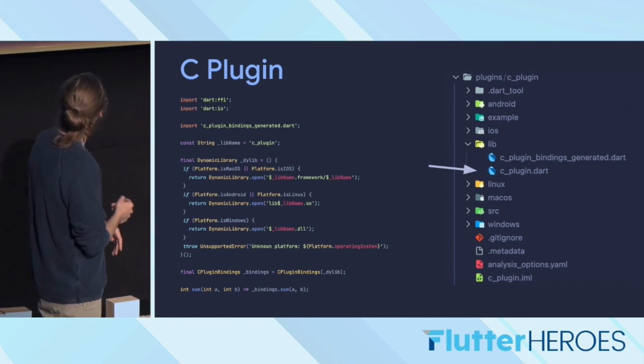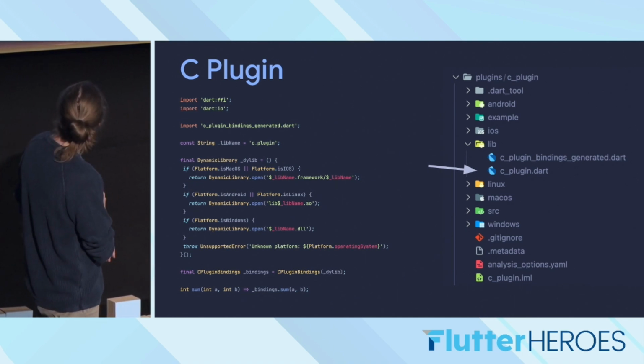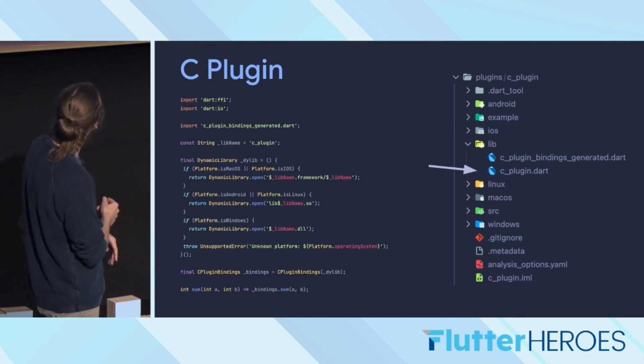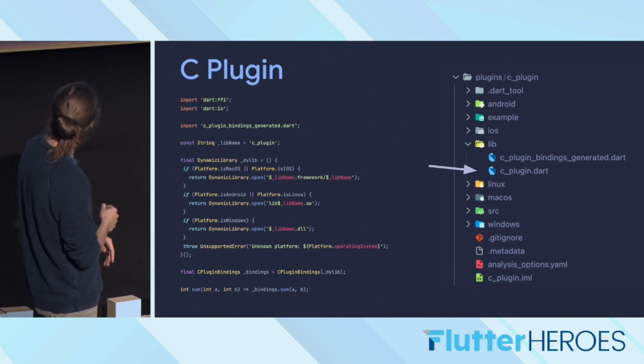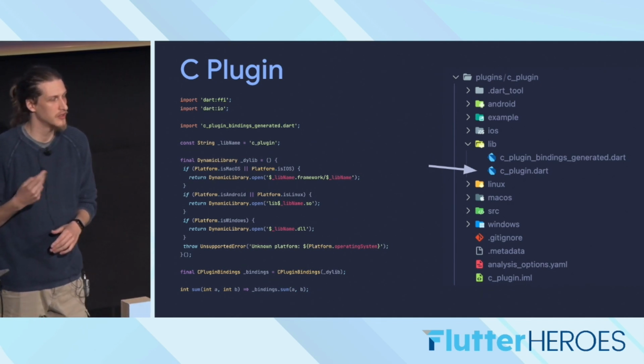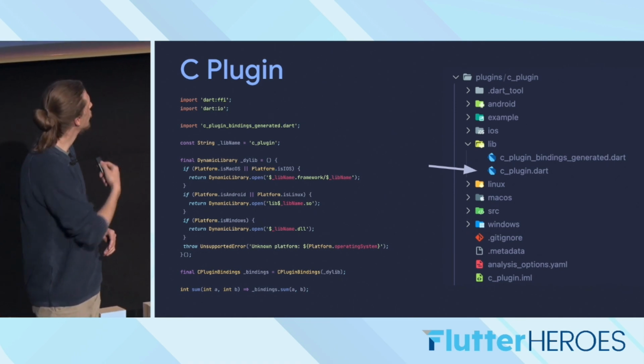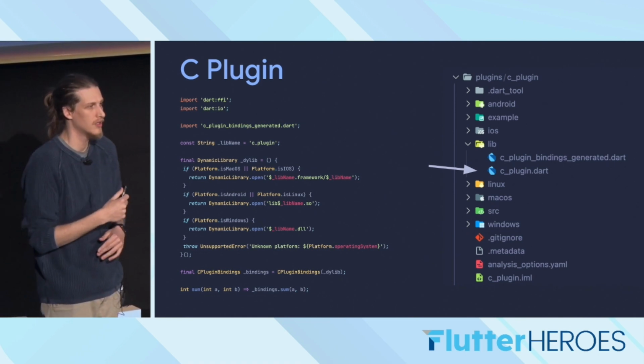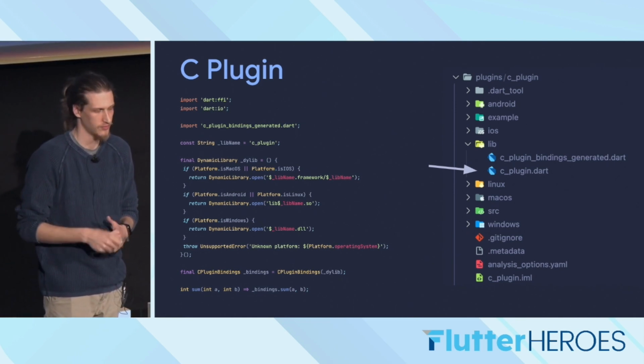So, for example, for Linux and Android, we have a .so library. For Windows, there's DLL. And for macOS and iOS, there's the dynamic library. So we have to tell the app which file to load.